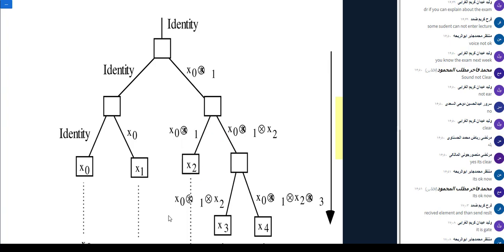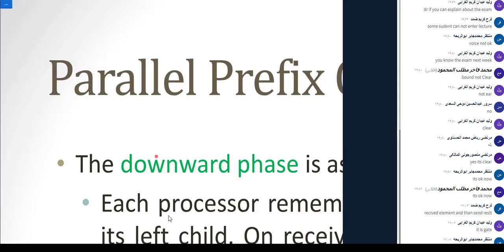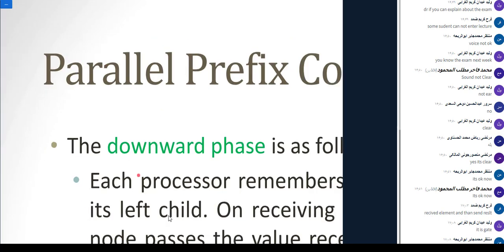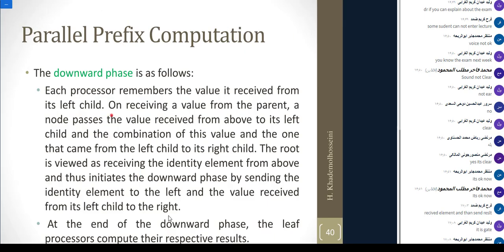Okay, so let me repeat it. I think it's better to repeat. Each processor remembers the value it received from its left child. On receiving a value from the parent, it passes the value received from above to its left child, and the combination of this value and the one that came from the left child to the right child.